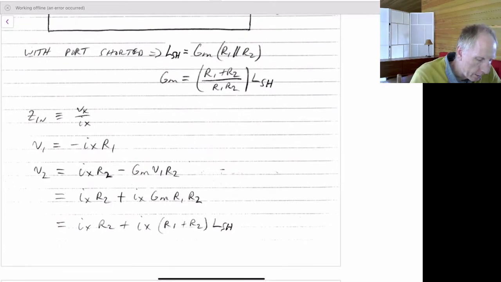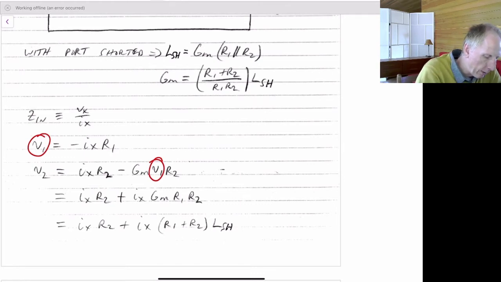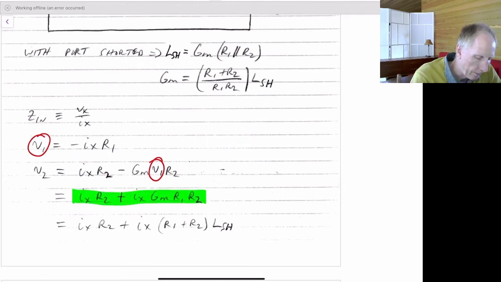We can then take the substitution for V1 that we have up over here, put that in for this V1, and rewrite this equation. So now we have that V2 is now given by this equation.